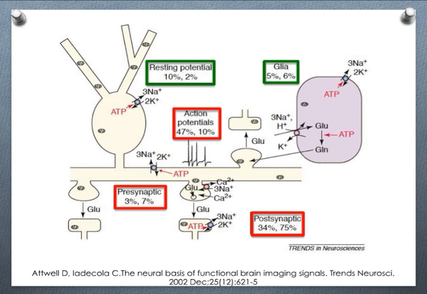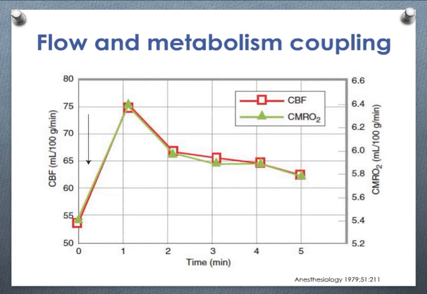We need some flow for the resting situation, but most of the flow, 80% of the flow, is due to metabolic activity, changes of the flow. This has been demonstrated in the past in anesthesia and other settings where increasing cerebral metabolic demands is closely linked in change with flow.